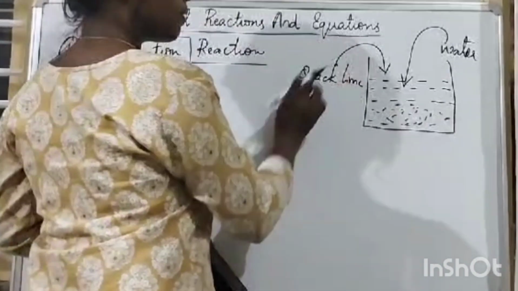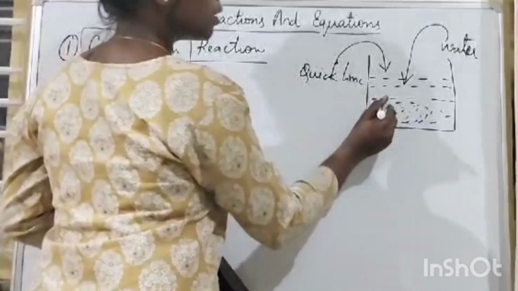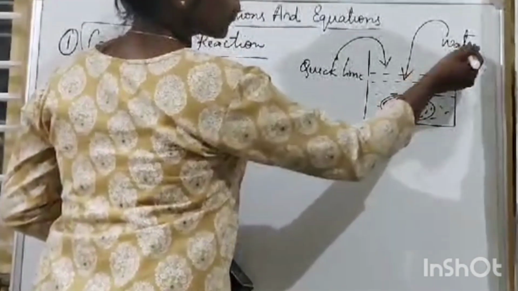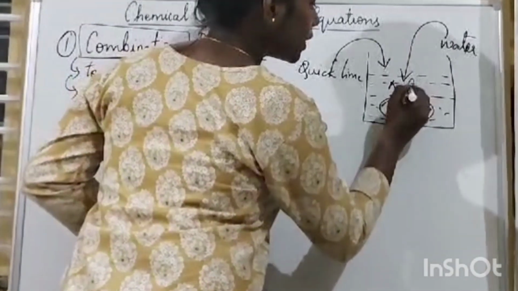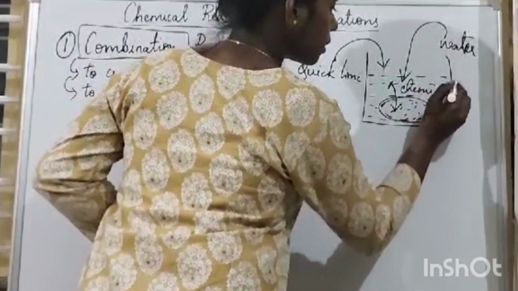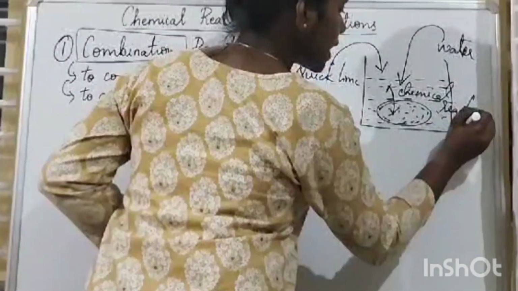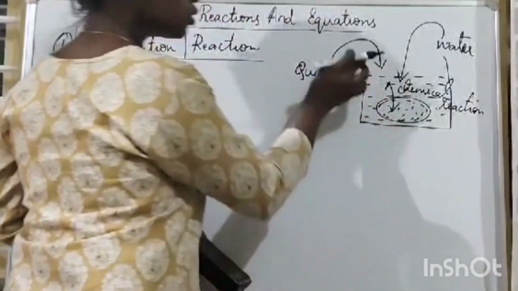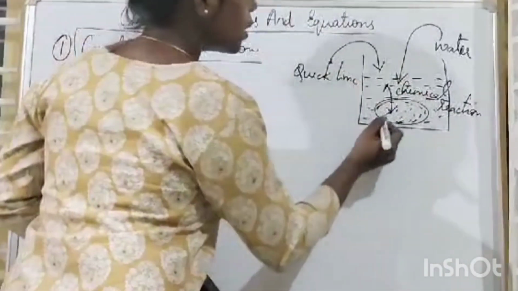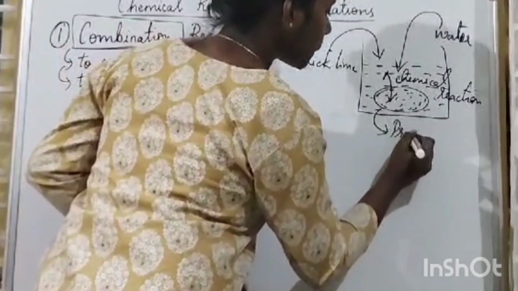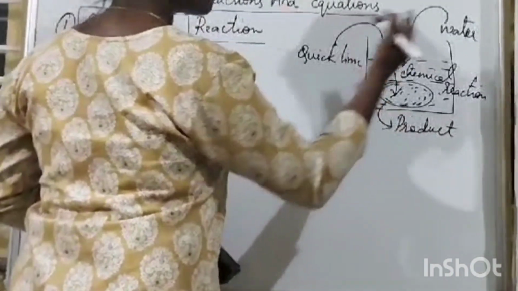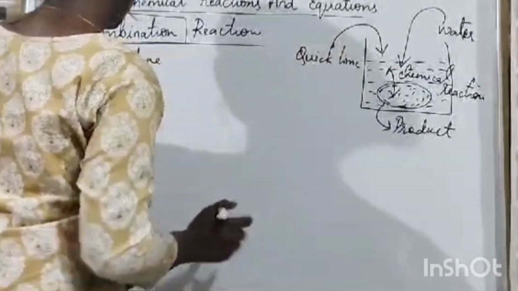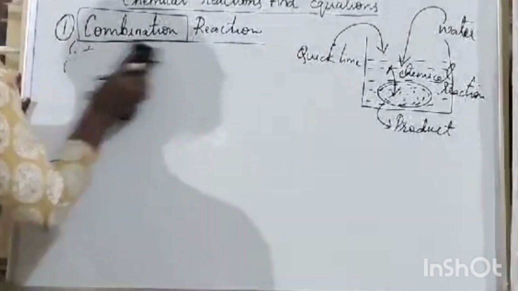So now, when water is added to this quicklime, there is a certain chemical reaction happening between these two, and at last a product will be formed. Now let us look at what that chemical reaction is, what product is formed, and which type of chemical reaction is happening in this particular activity.